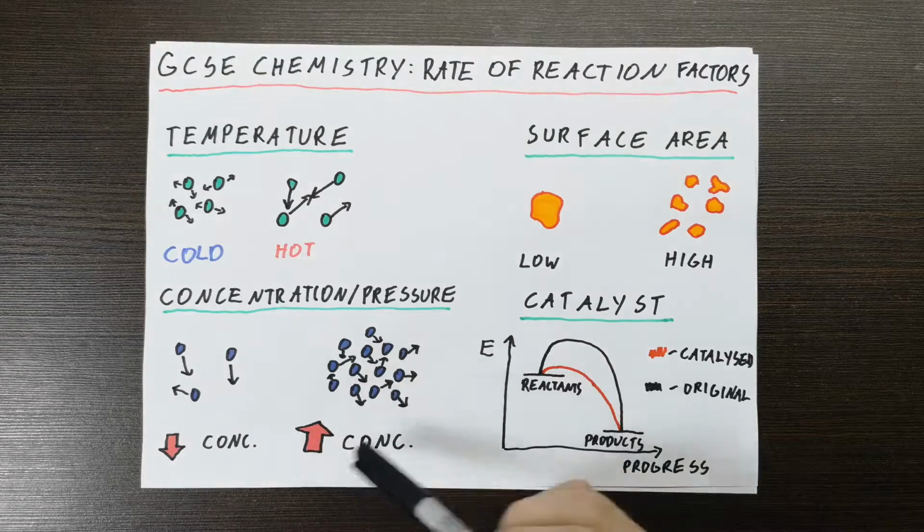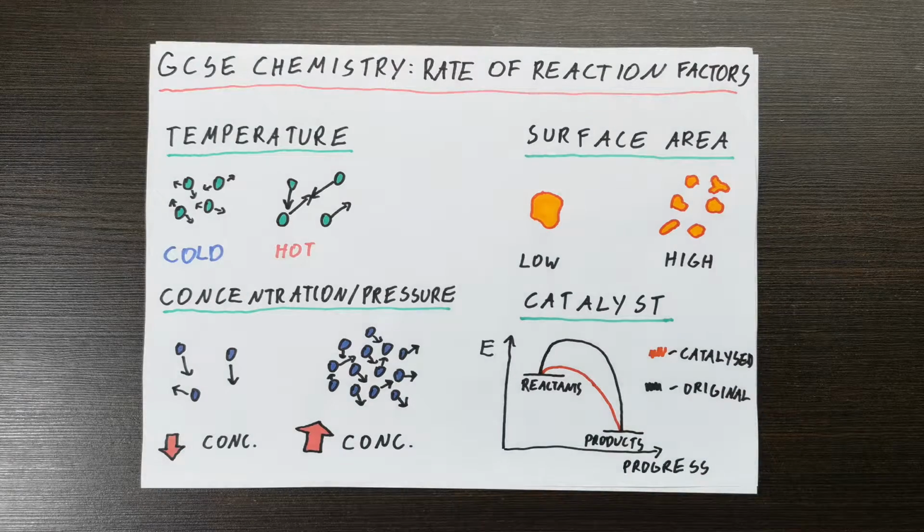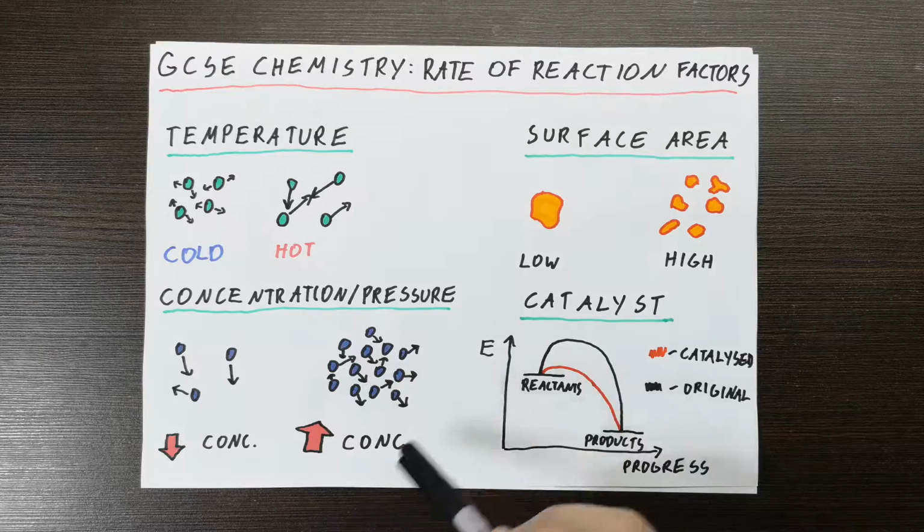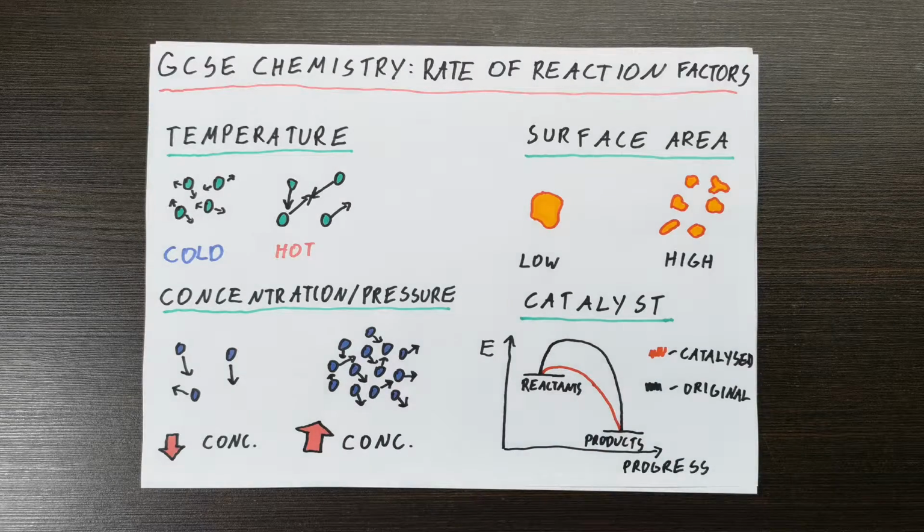Whereas if we have a certain space, like the bottle I was talking about, and there are lots of particles in there, all moving around randomly, then suddenly we have a higher chance of particles colliding. Purely mathematically, we simply have a higher chance. And therefore, the rate of successful collisions is increased. So simply, we are increasing the rate of reaction this way.